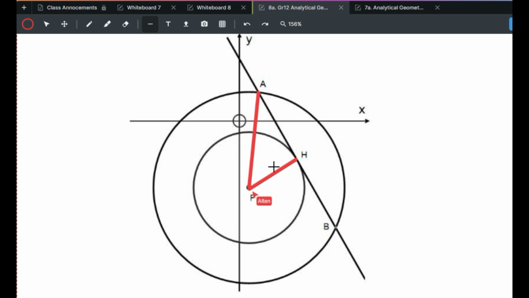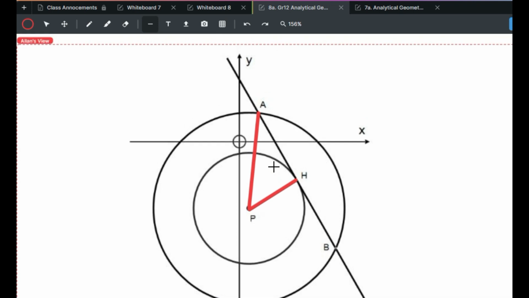What about this here? If you create that, how does that help you? You connect PB there. Well, PB and PA are more or less the same. They are both the radius.